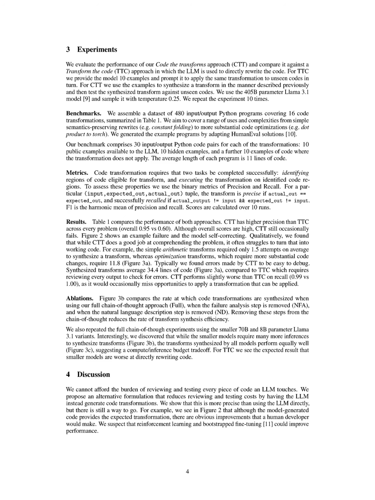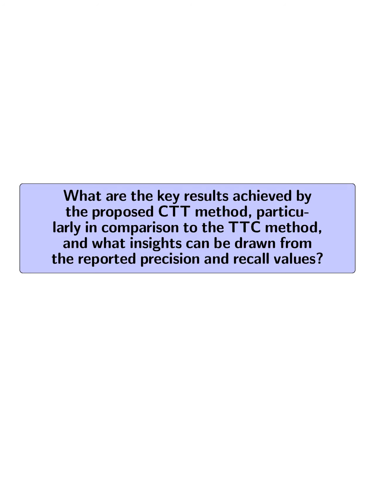in the validation process. What are the key results achieved by the proposed CTT method, particularly in comparison to the TTC method, and what insights can be drawn from the reported precision and recall values?